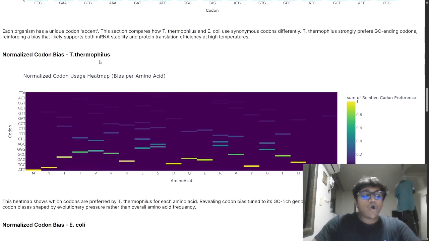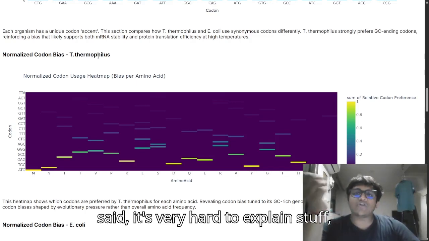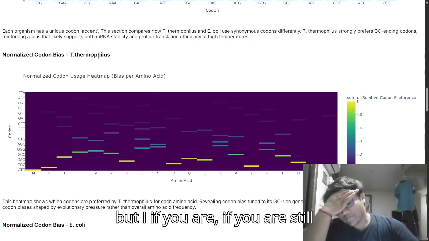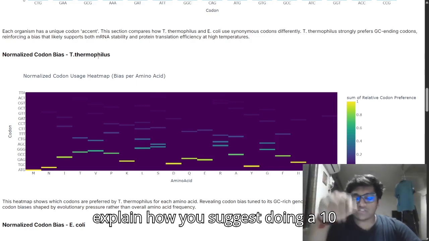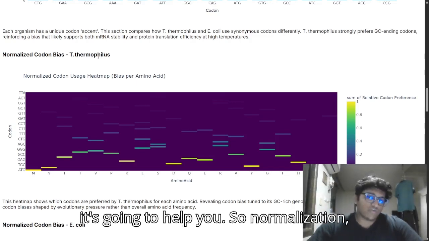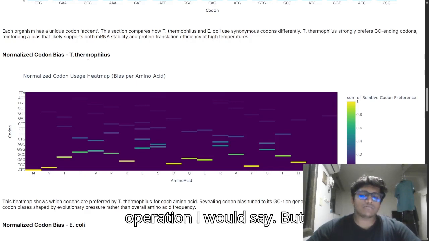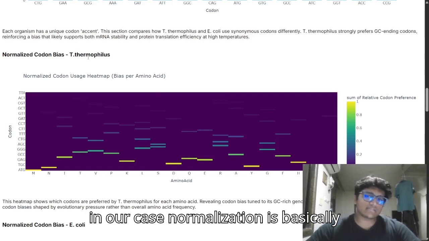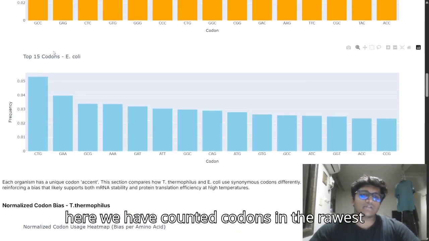So now, what is normalization? Like I said, it's very hard to explain stuff, but if you are still watching this, I would very well love to explain. Or if you just stumble on this, it's going to help you. Normalization is a mathematical operation, but in our case, we've counted codons in the rawest form.